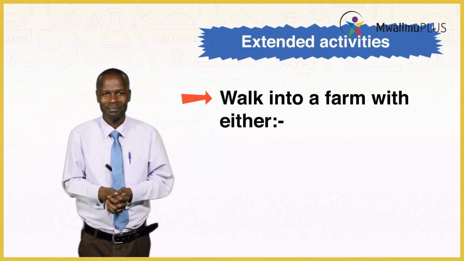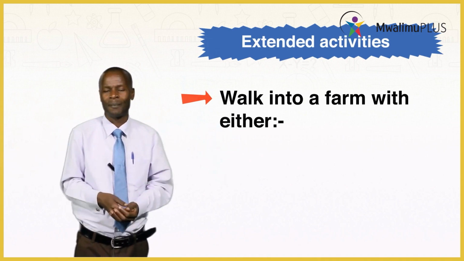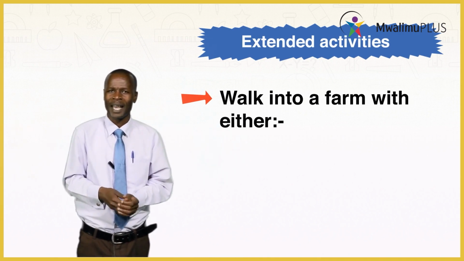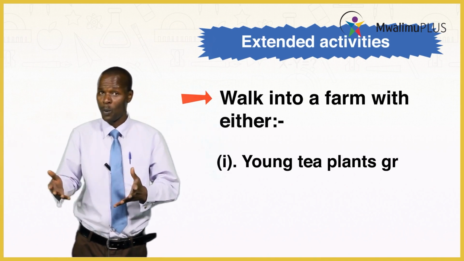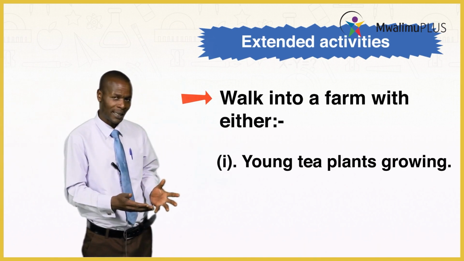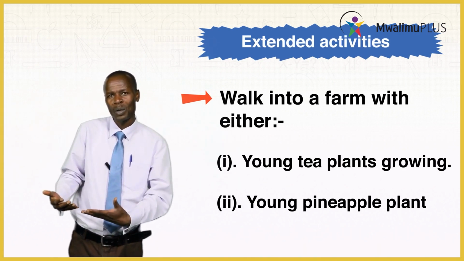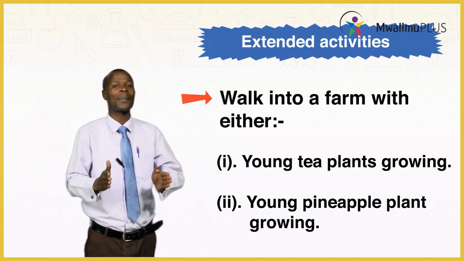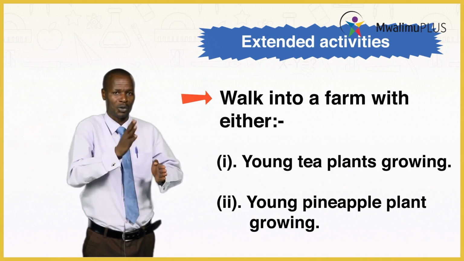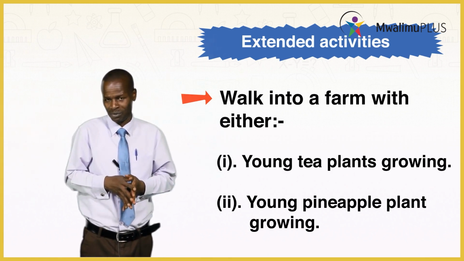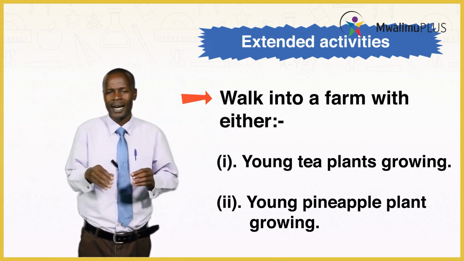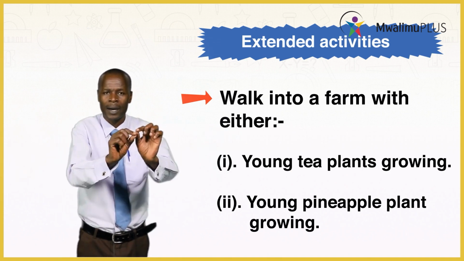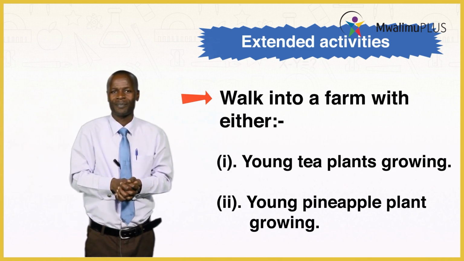One, walk into a farm with either young tea plants growing or simply young pineapple plants growing. Look at them. Look at the way they are planted in those rows. Count the number of rows. Count the number of columns that are there.